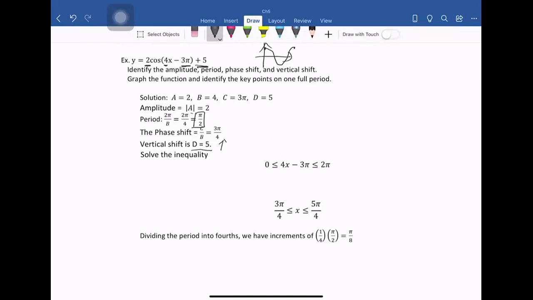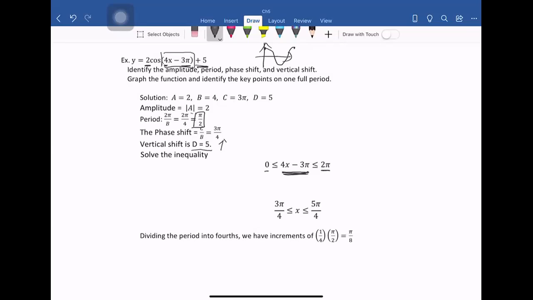Solve the inequality. So the expression in the parentheses, we put it here and let it be greater than or equal to 0 and less than or equal to 2 pi, and solve this inequality for x.